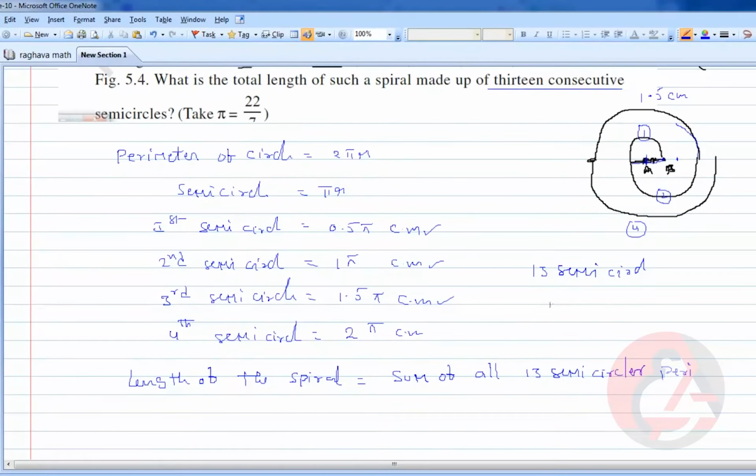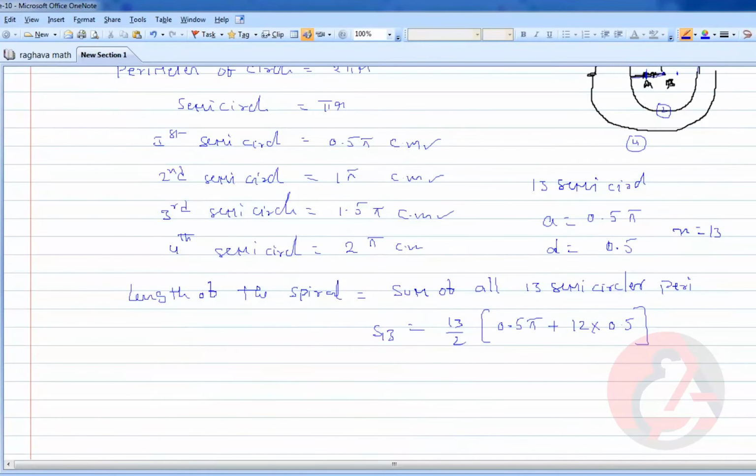So a is equal to 0.5 pi, common difference is 1 pi minus 0.5 pi, which is 0.5 pi, and n is equal to 13. So I want the S13 value. So 13 by 2 into 2a plus 12 into d. This is the total length of the spiral. Find it. What is the answer?